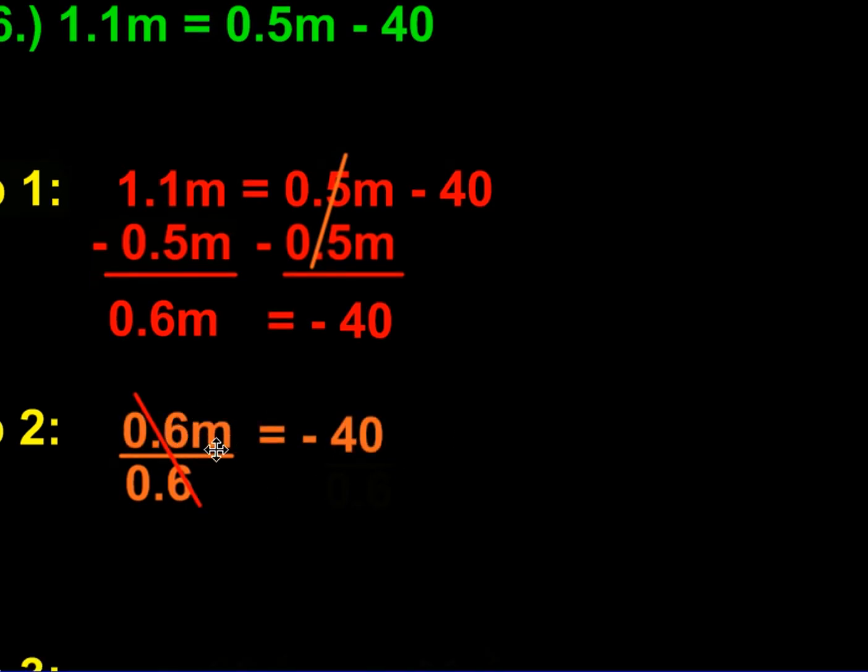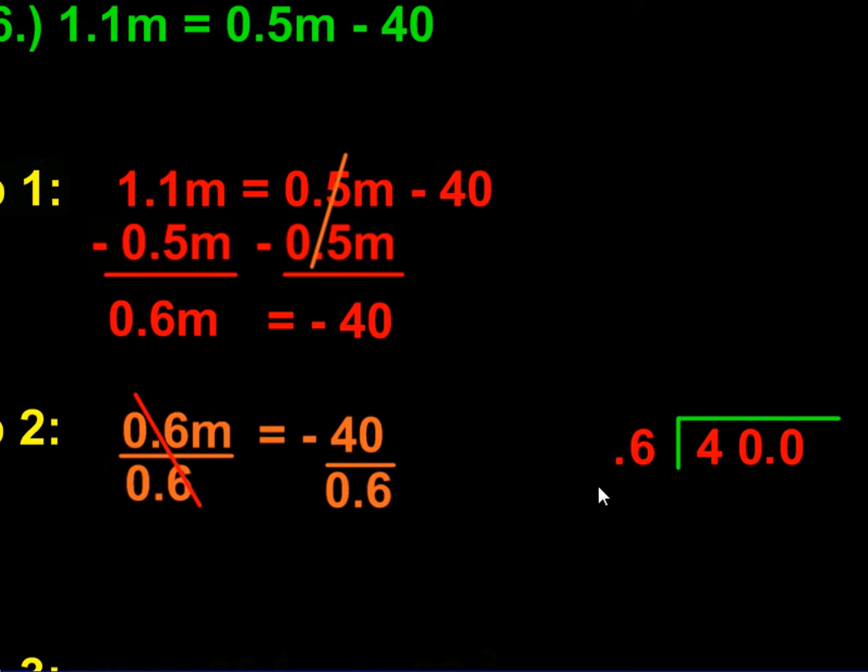So I want to eliminate 0.6 from the m, and I do that by dividing. And again, whatever I do on one side, I need to do on the other. So just to review what the division looks like for these, remember it's I over O, so inside over outside.